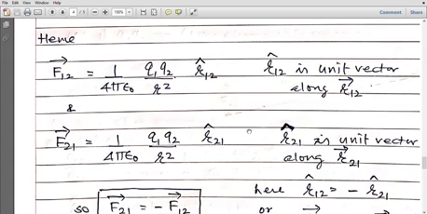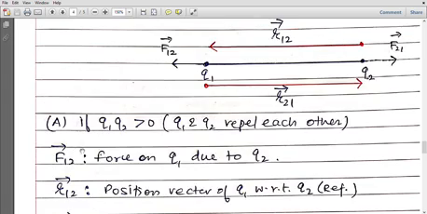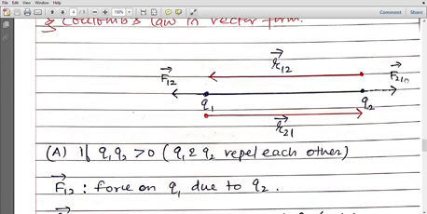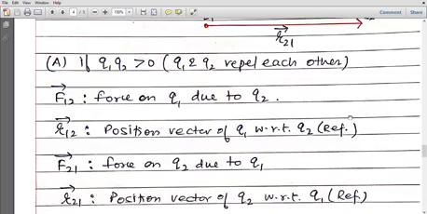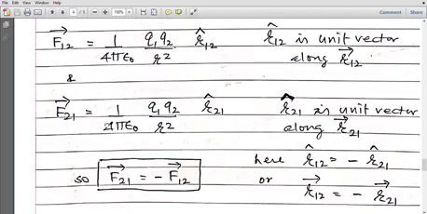Similarly, we can write the expression for F21, the force experienced by the second charge due to the first. Again, from this formula, you can see its direction is the same as R21. So the direction of F21 is represented by unit vector R21, and R21 is the unit vector along vector R21.